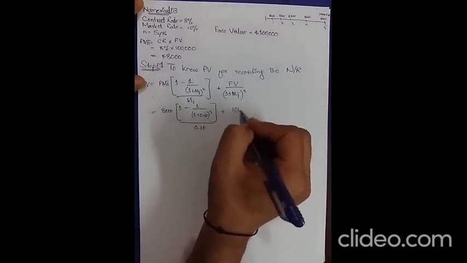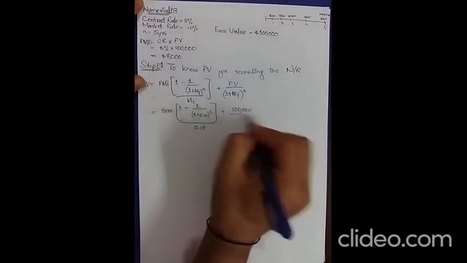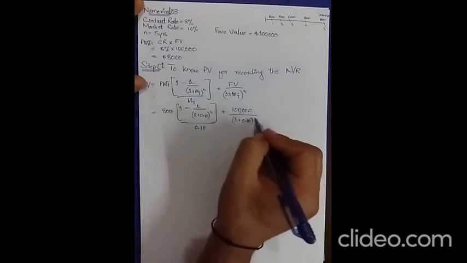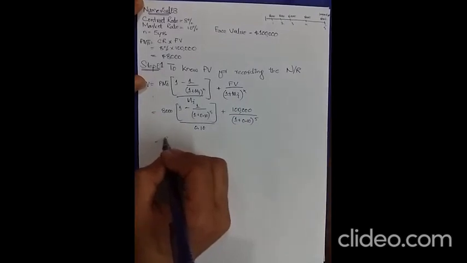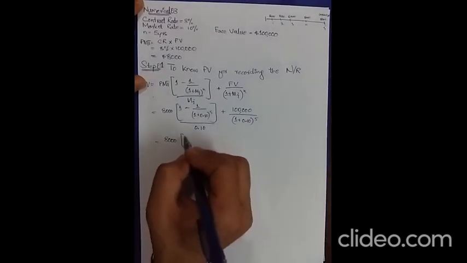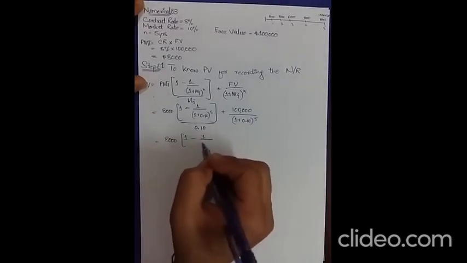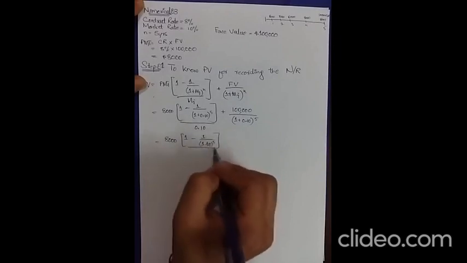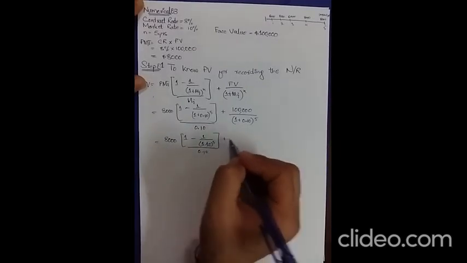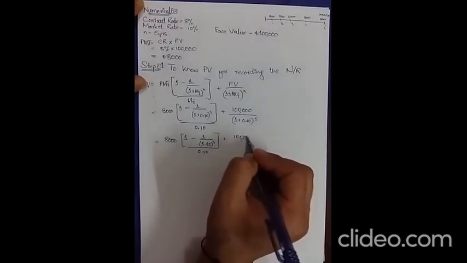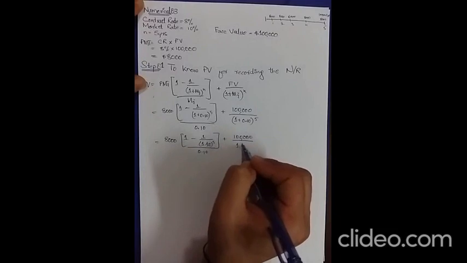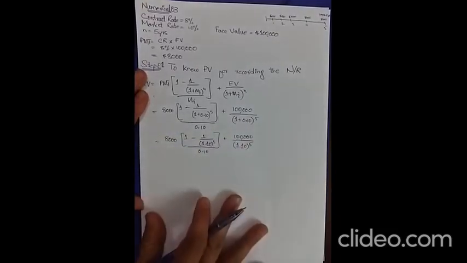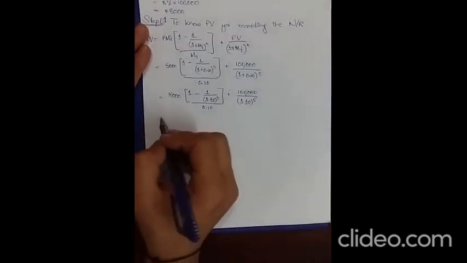The face value is $100,000 divided by 1.10 raised to the power 5. So this becomes 8,000 times 1 minus 1 divided by 1.10 to the power 5, divided by 0.10, plus $100,000 divided by 1.10 to the power 5.